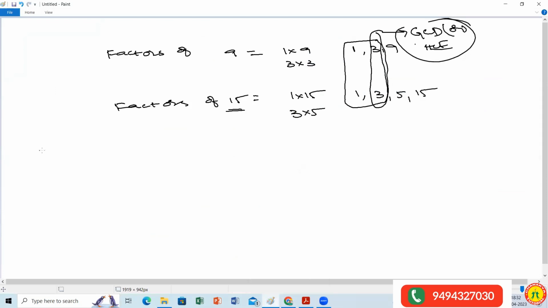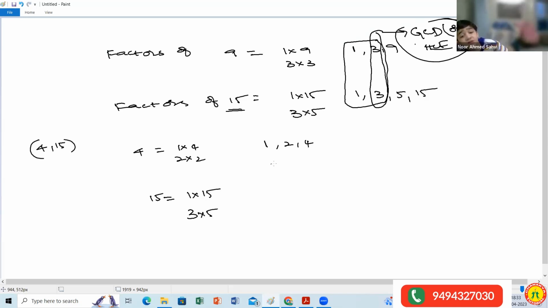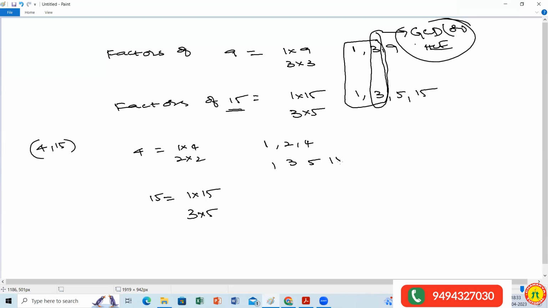What are the factors of 4? 1 into 4, 2 into 2. The factors of 4 are 1, 2, 4. What are the factors of 15? 1 into 15, and the 3 table: 3 5s are 15. So 1, 3, 5, 15.